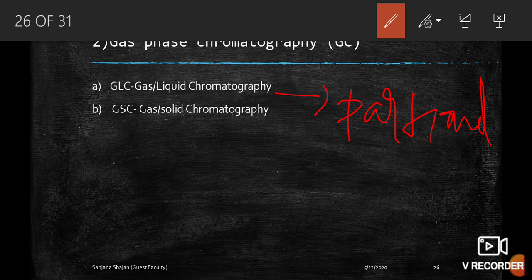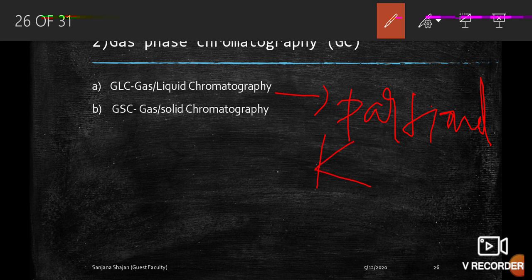So what is this partition coefficient? The partition principle is that when a solute is allowed to equilibrate between two equal volumes of two immiscible liquids, the ratio of the concentration of the solute in the phases at a given temperature is referred to as the partition coefficient, given as K. So it is based on this principle.